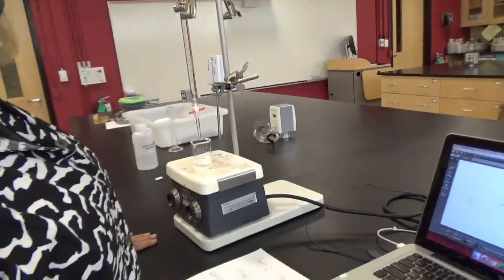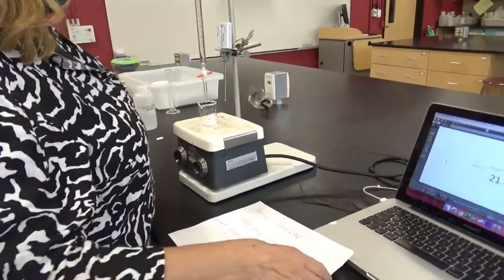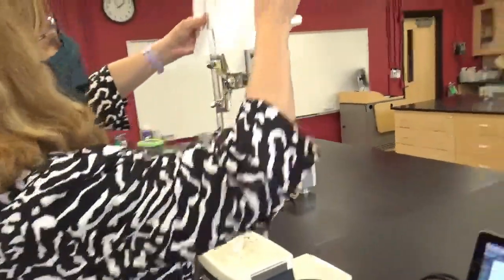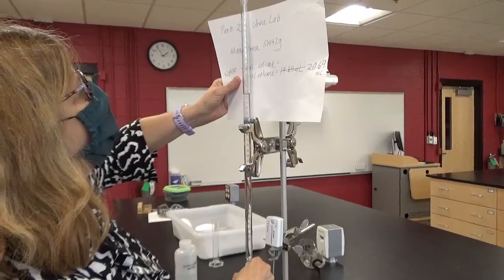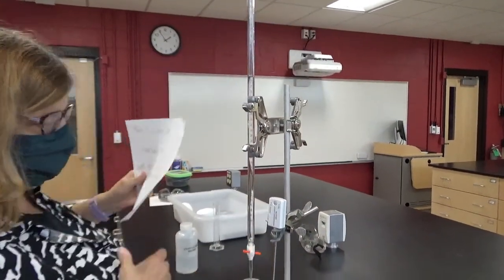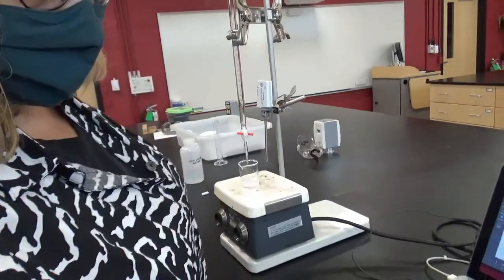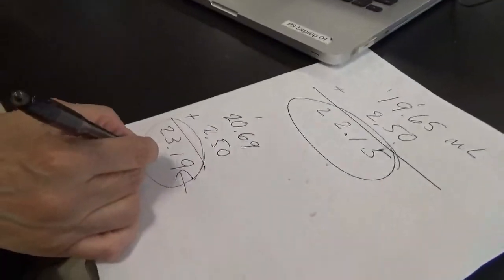So it should be 23. We never make mistakes in lab. 23, but didn't feel like 2.5. All right, there we go. So that's what we did. We added about 2.5, so we're about at 23.19 mils.